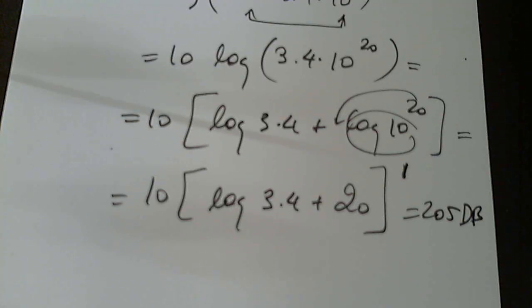And when I press enter, I have to get the same number. If I don't get the same number, something is wrong. So that's another option for you with this E. This means 3.4 times 10 to power 20, 10 to power 20, second EE 20. Any questions on this calculation?